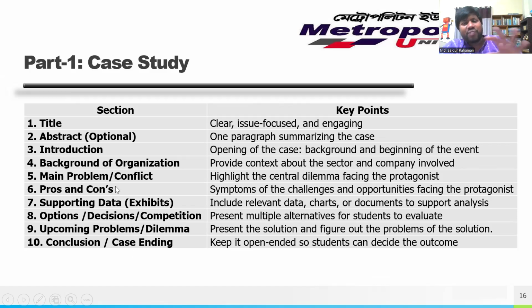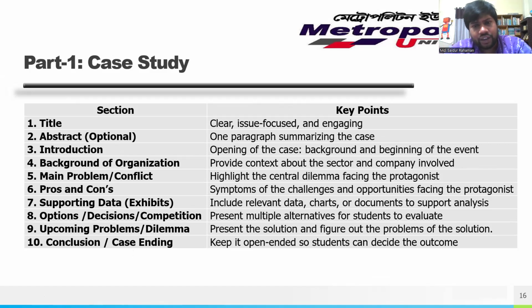There are many points, and it's not necessary to follow any specific guideline for drafting the case study, because when we draft or write a research paper, there is a guideline: introduction, literature review, objectives, questions, hypothesis, methodology, analysis, discussions.